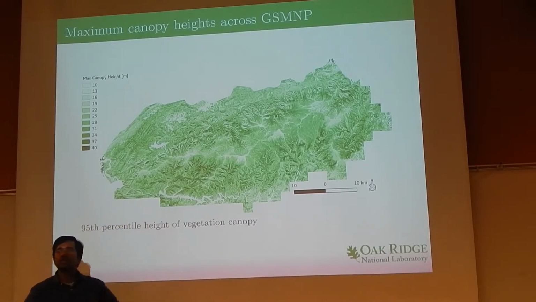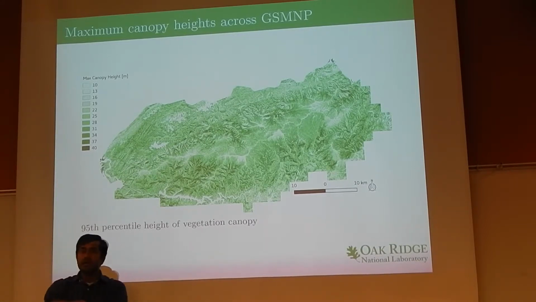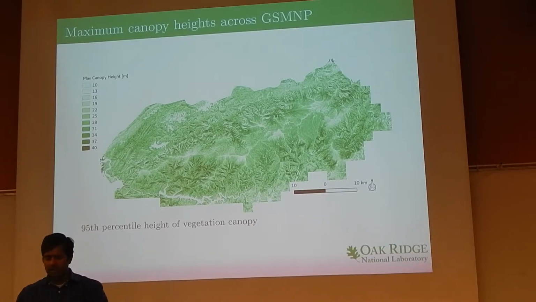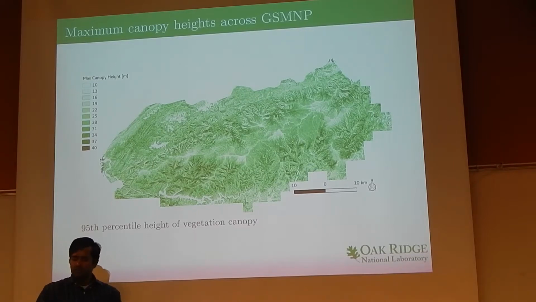Low height vegetation is at the top, at higher elevation. And there are interesting aspect differences as well. I have a couple more plots later on that show how to summarize some of the information that you can get from these high resolution maps.